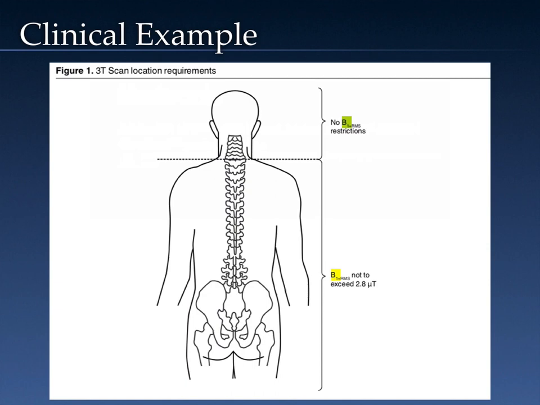Or you could reduce the refocusing angle. That reduces SAR as well as, and again, B1+rms. Or, for example, you could simply reduce the echo train length or turbo factor, depending on what your vendor calls it, and so on. Essentially, pretty much anything that will reduce SAR will reduce the B1+rms.